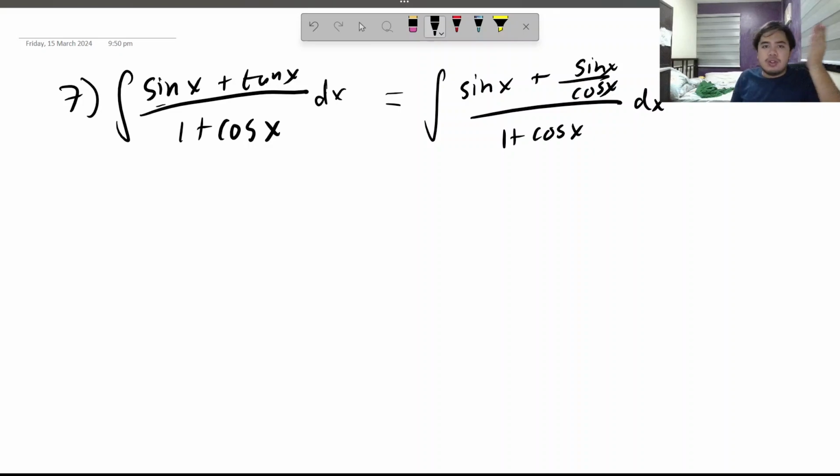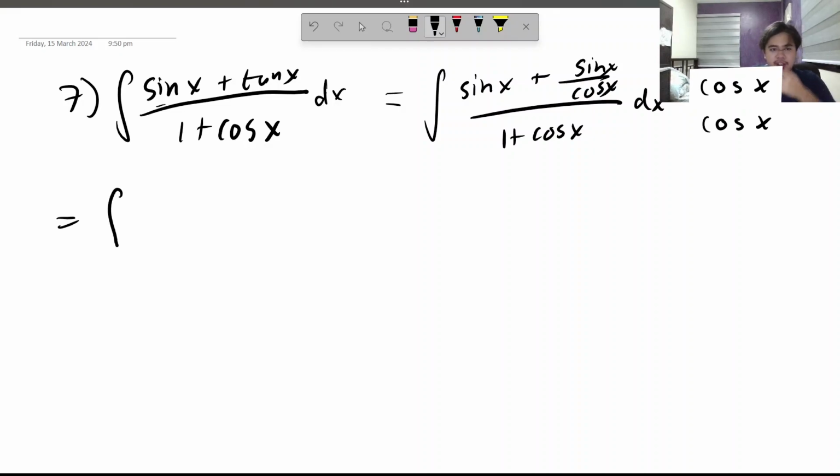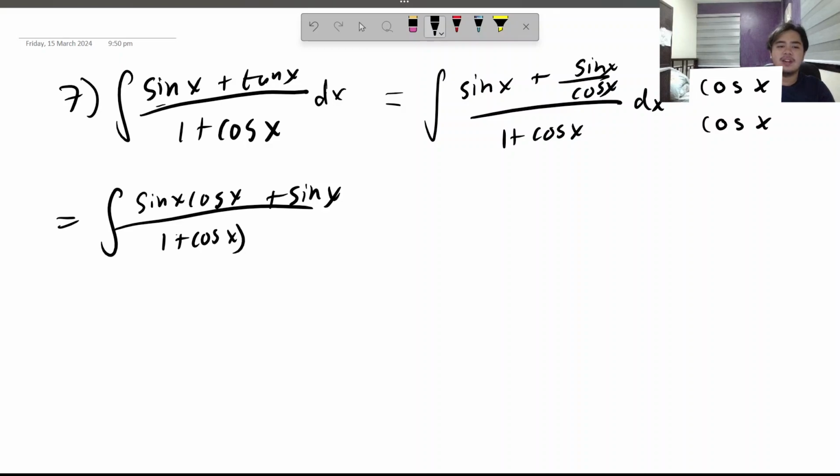What we can do here to resolve the complex fraction is to multiply both the numerator and the denominator by cosine x. Again, my favorite technique. This results in sine x cosine x plus sine x on the top, and then let's not distribute the bottom. You'll see in a second. Sine x on the top looks kinda... Hmm. I think we can do this.